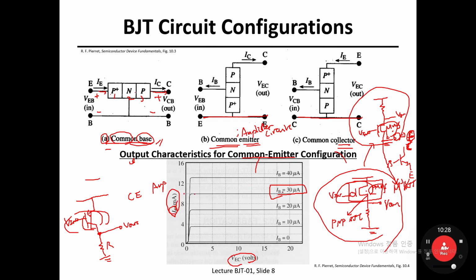In the case of I_B of 30 microamps, the I_C value is 10 milliamps. How much gain can you estimate? The beta DC value is I_C over I_B. So 10 milliamps over 30 microamps is about 300, right?